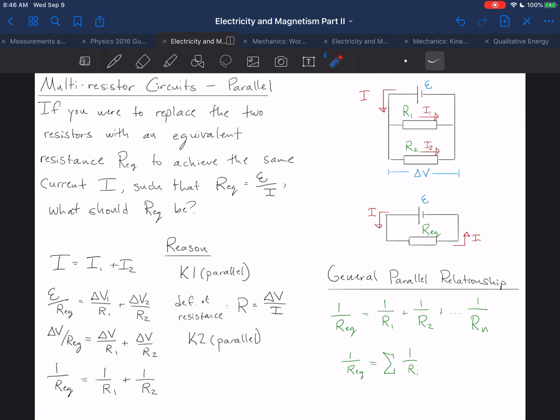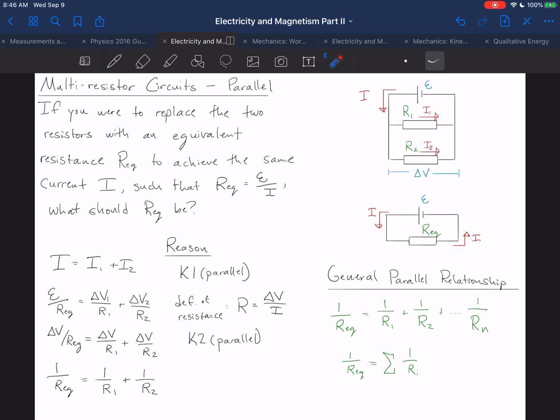All right, so if you were to replace the two resistors in parallel with an equivalent resistance Req to achieve the same current I, such that the equivalent resistance is equal to the EMF over I, what should the equivalent resistance be? We're moving from this circuit to this one. How do we keep I the same? Well, the first thing to note is that for this parallel circuit, the I coming out of the battery is equal to I1 plus I2, the two currents through the two branches.